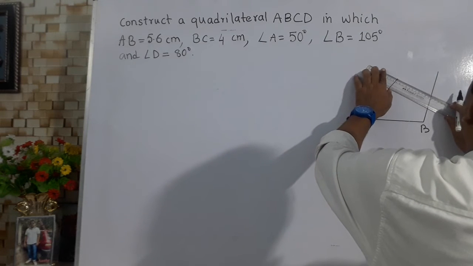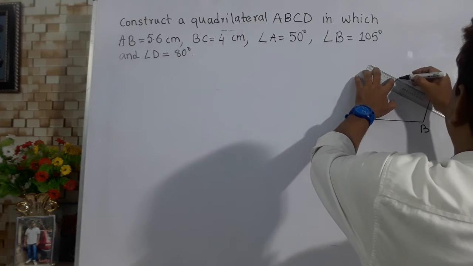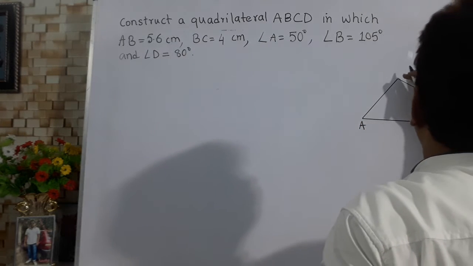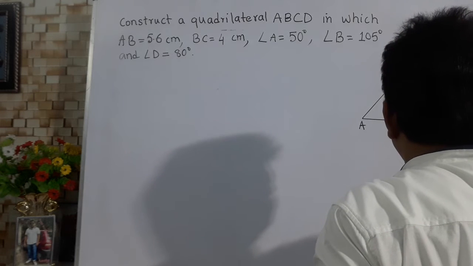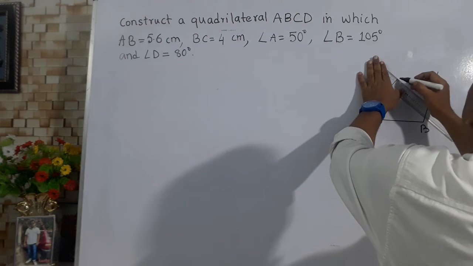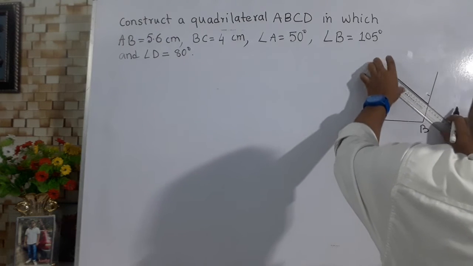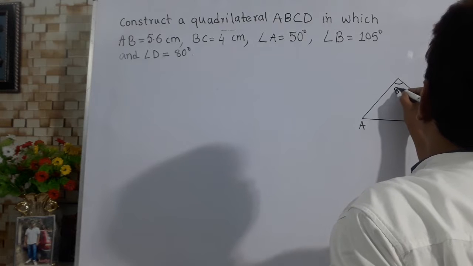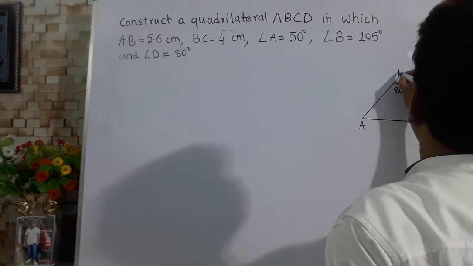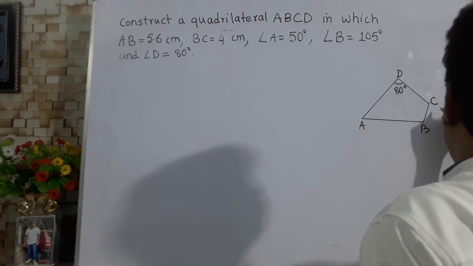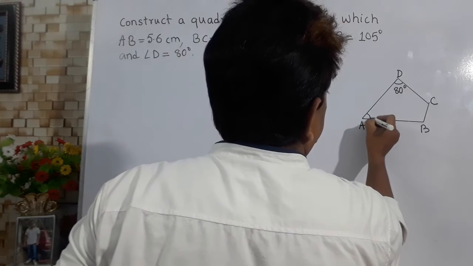So first of all, let me join this one. This is 80 degrees, angle D is 80 degrees. This is D. This is C. Angle A is 50 degrees.